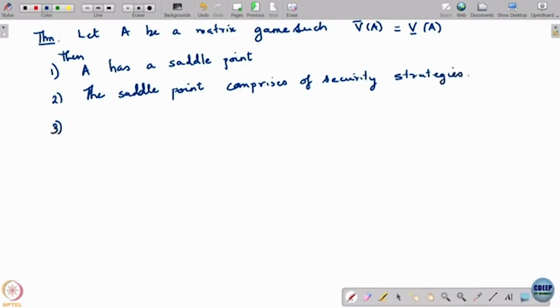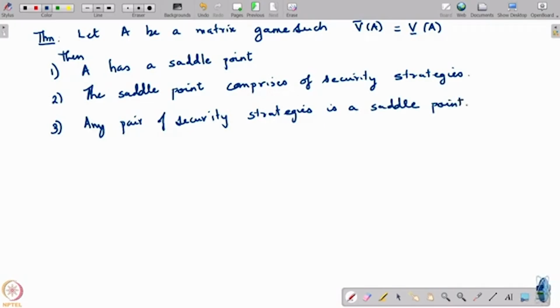You can write out another part of this: any pair of security strategies is a saddle point. All right, so let us go about proving this.